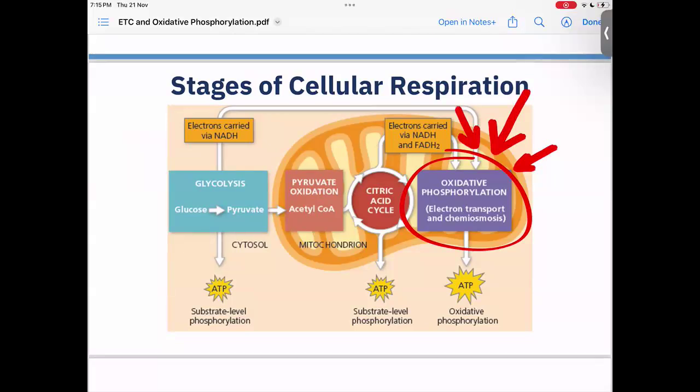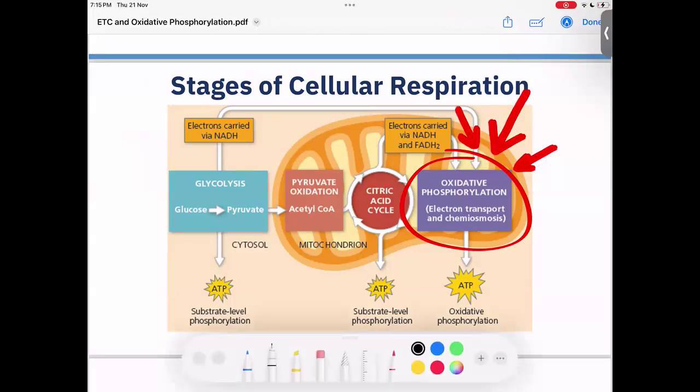I just mentioned that this lecture is a part of a series of lectures, and there are multiple stages when we're talking about cellular respiration. First, we have glycolysis, which is when you break down glucose to produce pyruvate and some ATP, usually just 2.